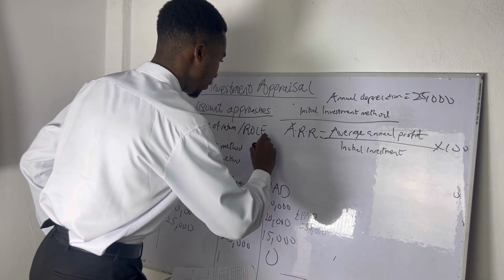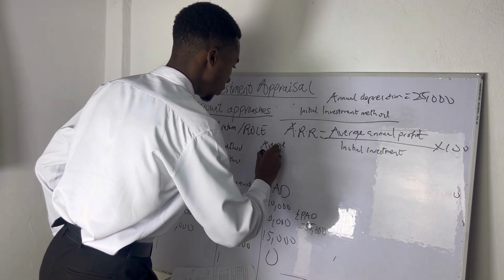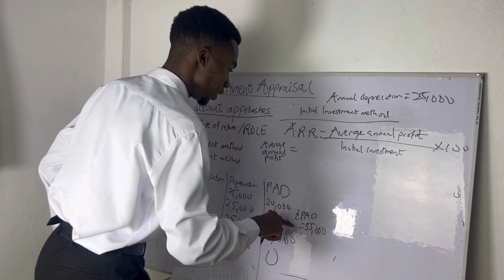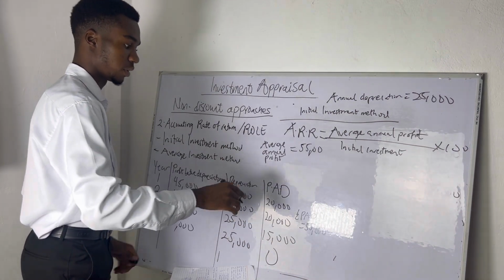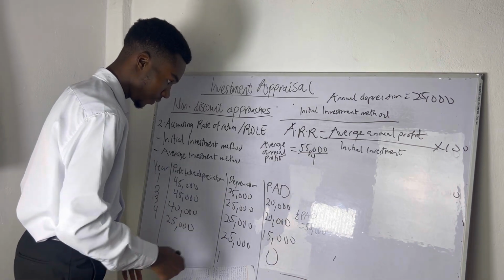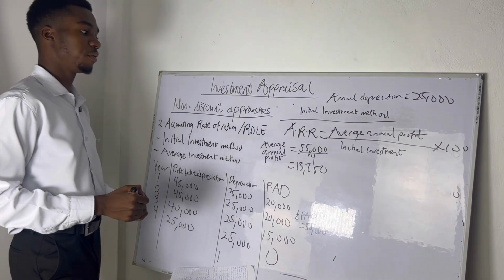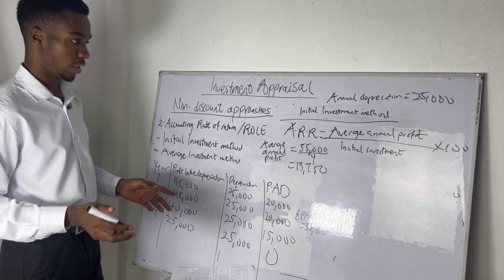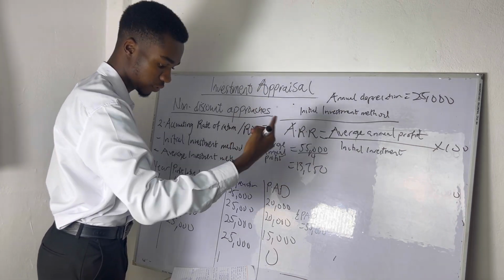So the average annual profit is equal to the total profits in the years, 55,000, over 4, which is 13,750. Every year, averagely, you are making 13,750 after subtracting depreciation. You get it. So now we have our average annual profit. It's less than the initial investment, which is already given in the question.